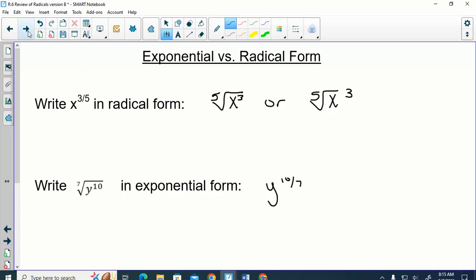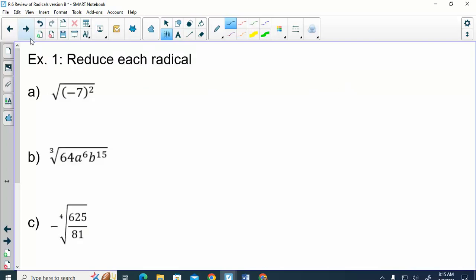Let's look at some problems. I want to reduce each radical here. What do you think the first one would be? 7.